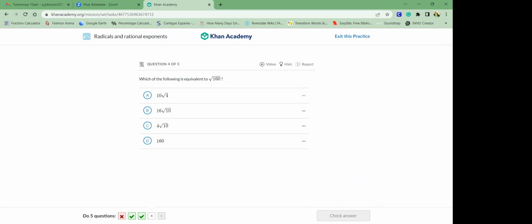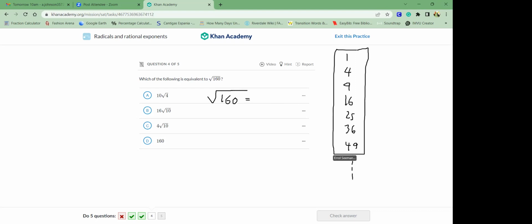Okay, what about this one? 160. What's the biggest perfect square that goes into 160? Your perfect squares are 1 squared is 1, 2 squared is 4, 3 squared is 9, 16, 25, 36, 49, and so on. Which one of these goes into 160?